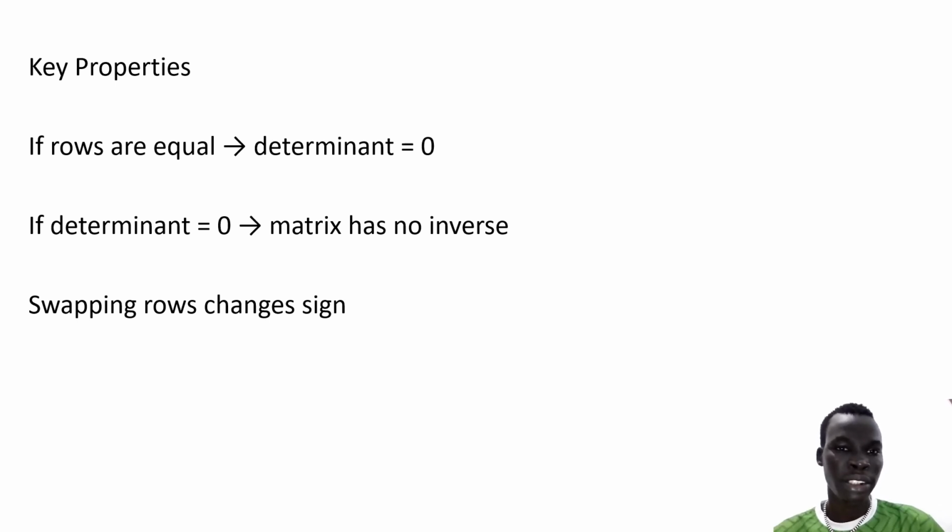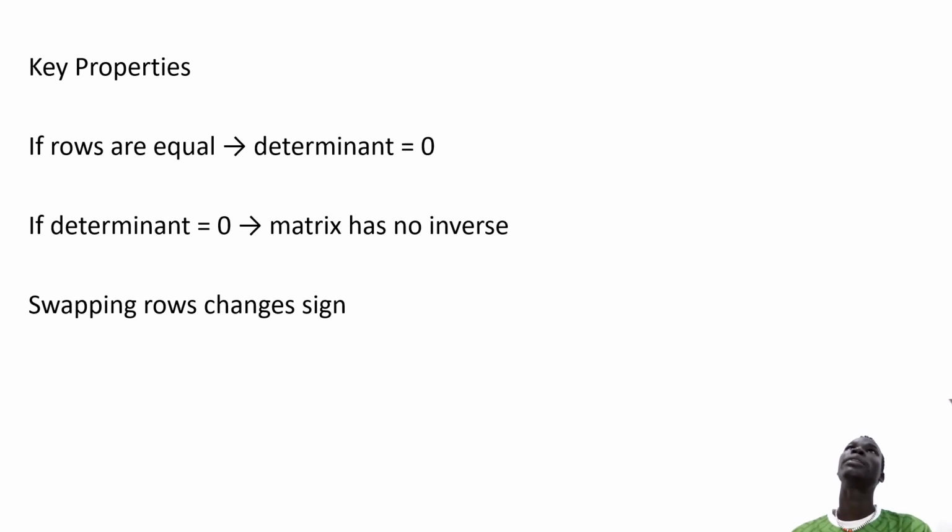Then the key points that you need to know: if two rows are equal, the determinant is equal to 0. If the determinant is equal to 0, the matrix has no inverse. Then swapping rows changes the sign.